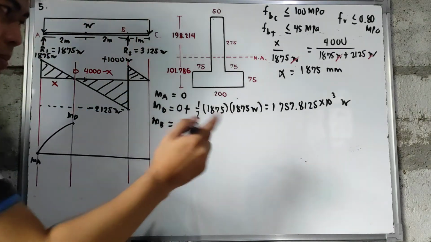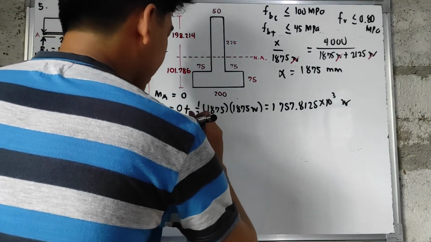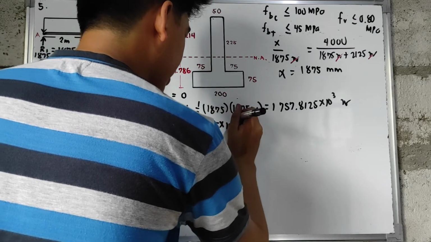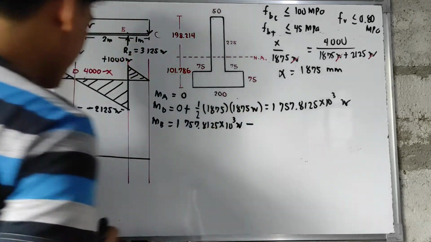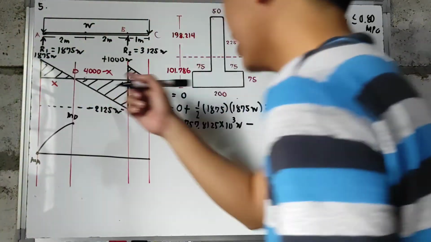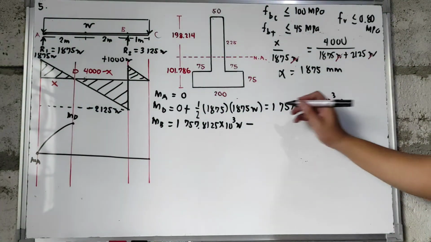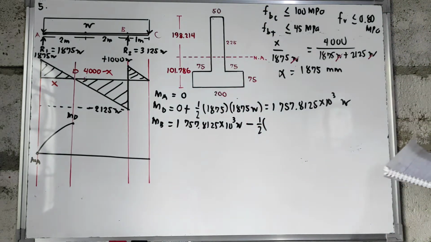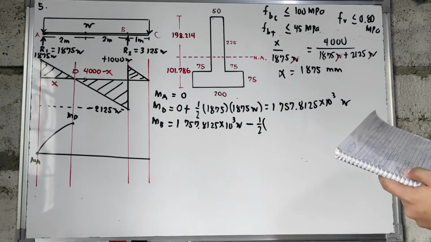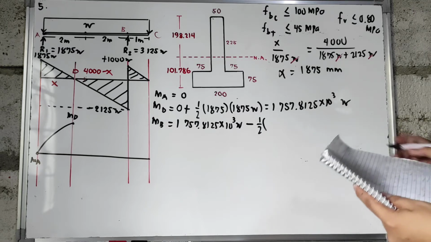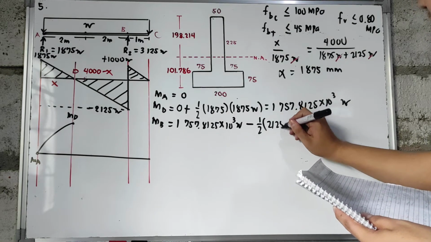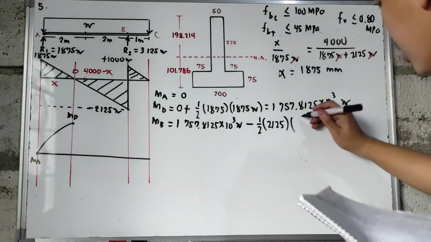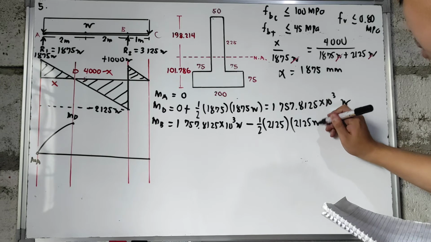Next, for the value of MB, that is equal to MD, 1,757.8125 times 10 raised to 3W, minus the negative shear area. So, we have 1/2, its base is 4,000 minus x, which is equal to 2,125, multiplied by the height, which is equal to 2,125W.